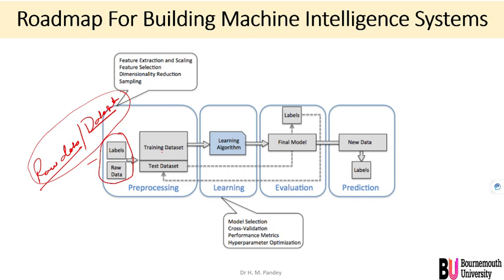And then training and splitting the data set as training and test data. When you get raw data, it may be structured, or it may not be structured.